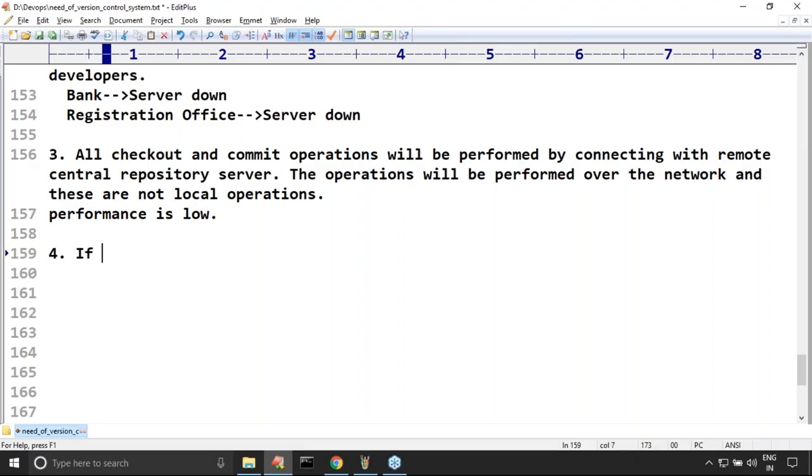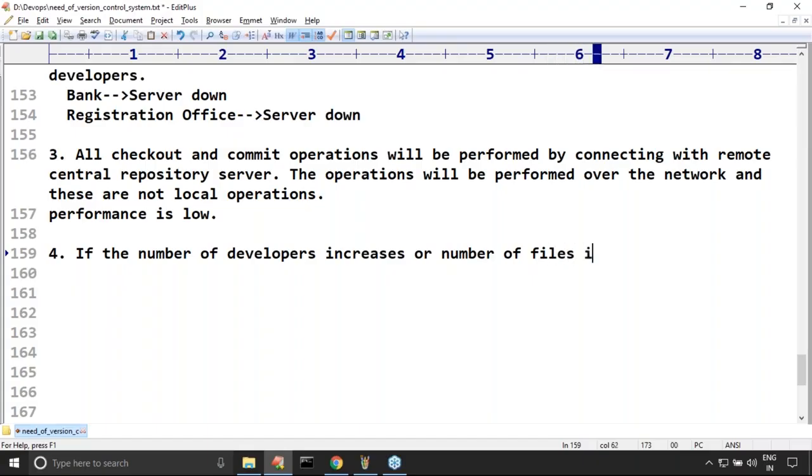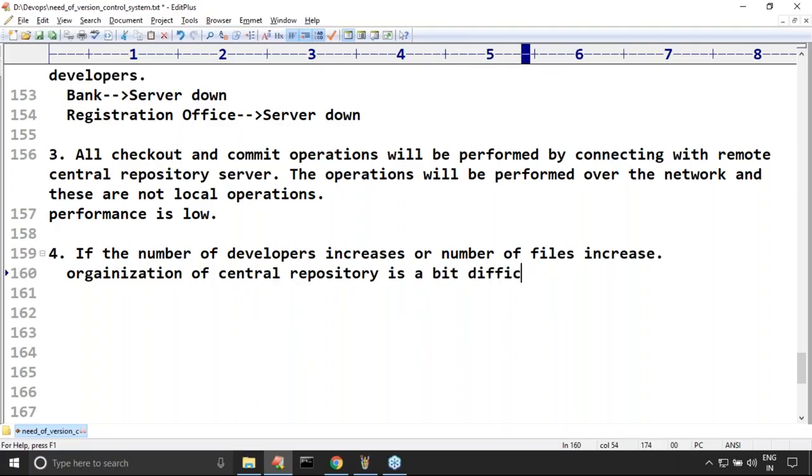If the number of developers increases, or the number of files for version control increases, then organization of the central repository is a bit difficult. Remember this a bit carefully, sir.